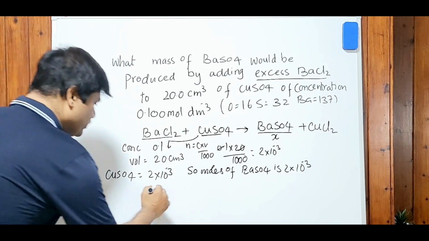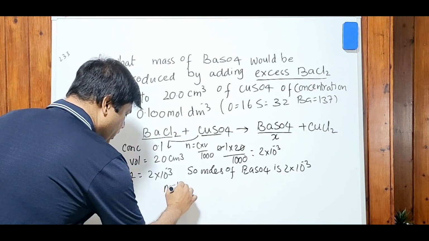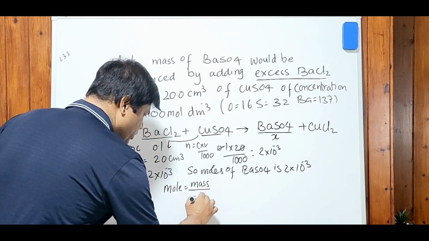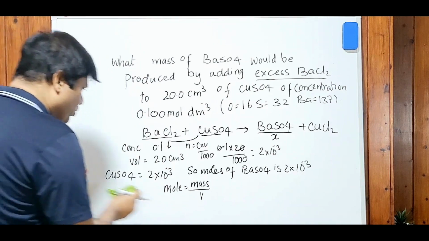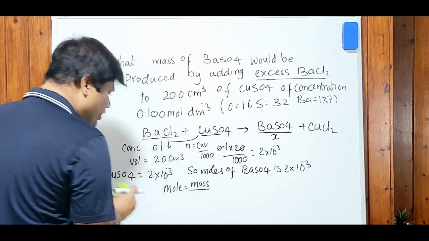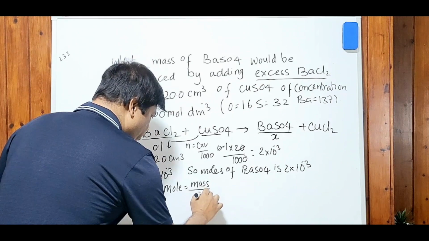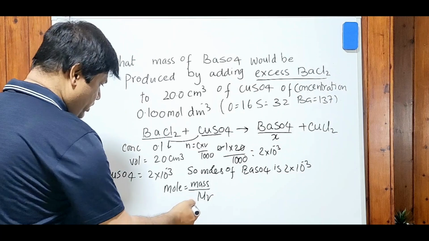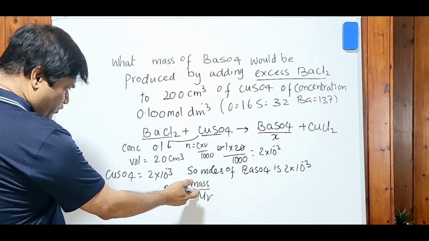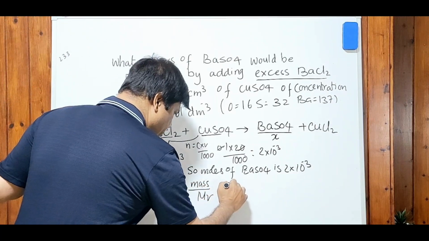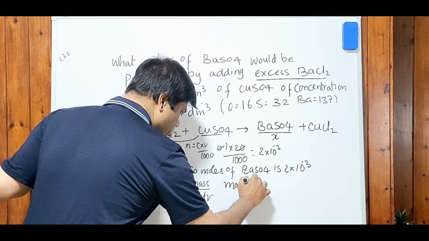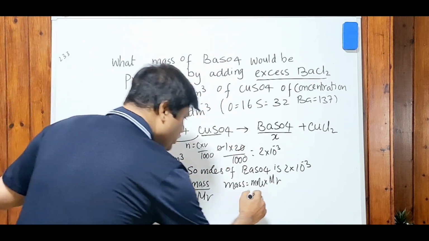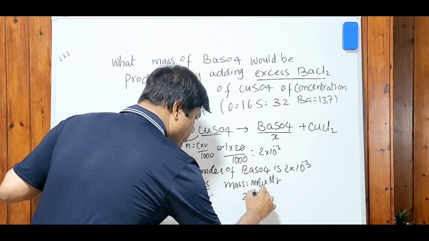Yes, we can. So mole equals mass over its volume, or mole. Why volume? Mole equals mass over its Mr of barium sulfate. Now rearrange this formula to get the mass. Mass equals mole times its Mr. What mole did you get? 2 times 10 to the power of minus 3.